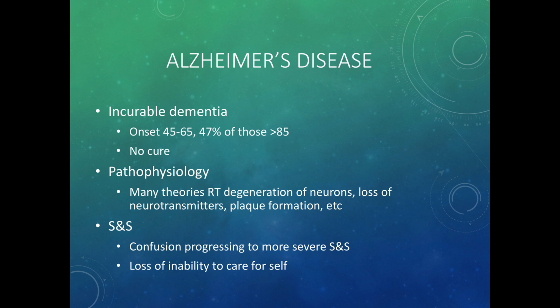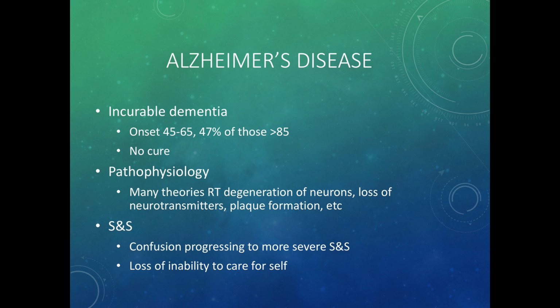All right, the last category that we talk about here in this area would be your Alzheimer's. And of course, we know that Alzheimer's itself is an incurable dementia. Its onset is at ages 45 to 65. There is no cure.